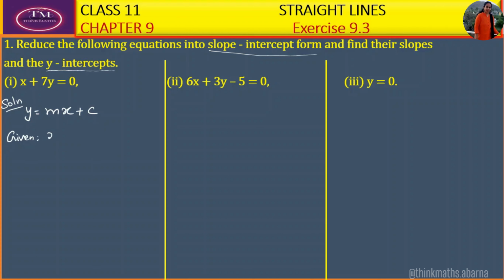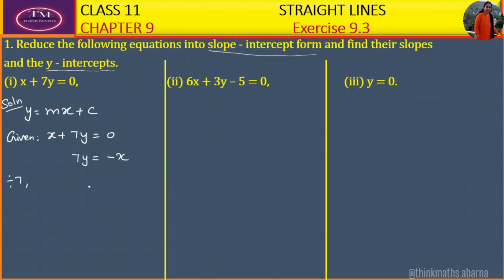Now what is given? It is given that x plus 7y equal to 0. We need y is equal to. So keep the y term in RHS and bring all other terms to LHS. So this plus x will become minus x. The coefficient of y here is 1, so we have to divide by 7 on both sides.